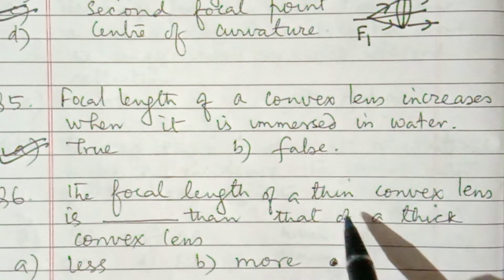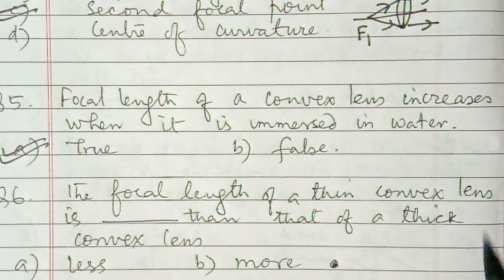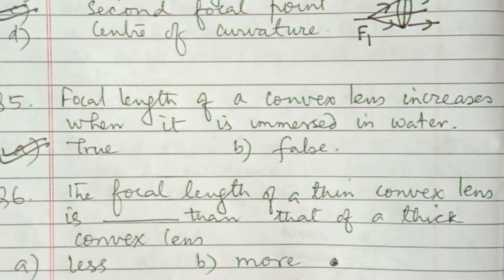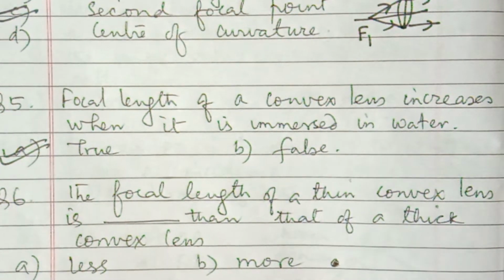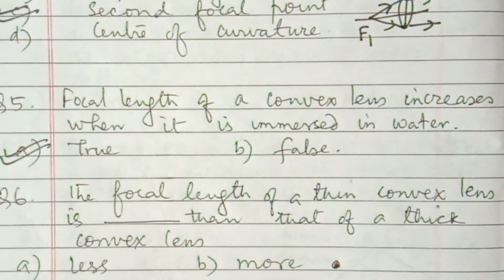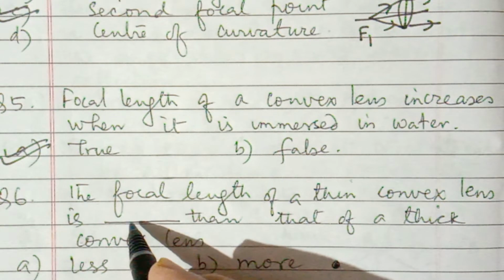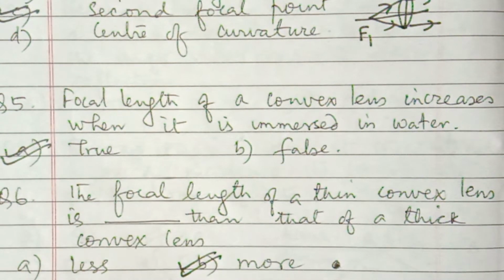The focal length of a thin convex lens is dash than that of thick convex lens. So focal length for thin convex lens will be more than the thick convex lens. So more is the correct answer.